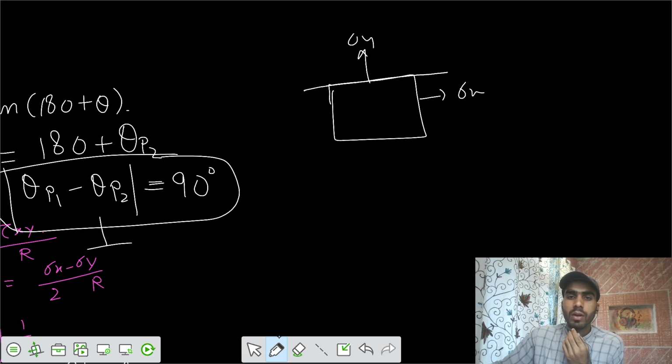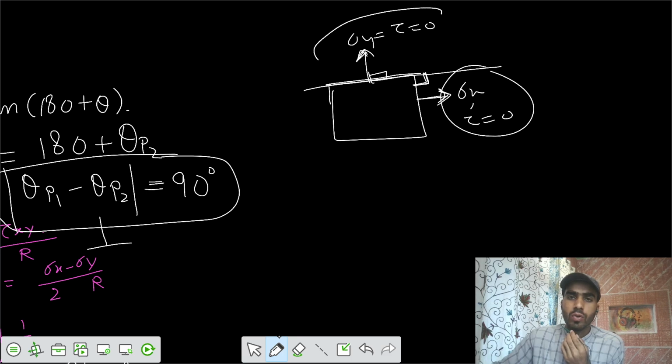So one particular plane you have, then perpendicular to that, normal to that, you have one more plane on which a different sigma is acting. If the two planes are perpendicular to each other such that here tau is 0, and on this plane also tau is 0, we can call them the two principal planes in plane stress condition.